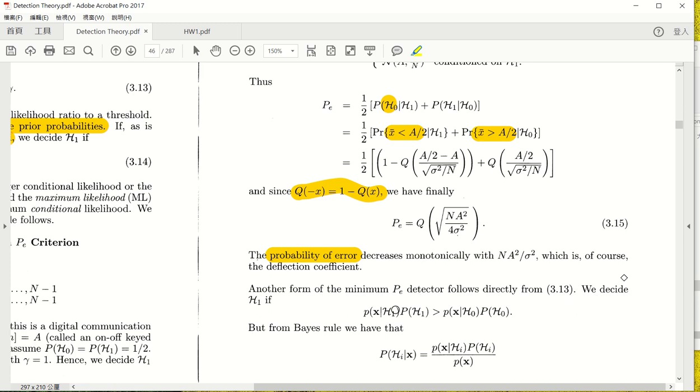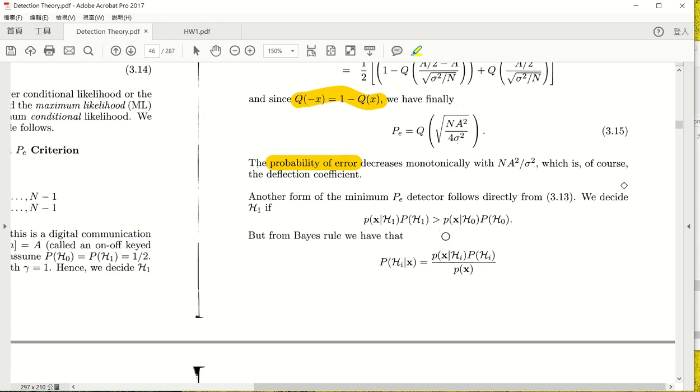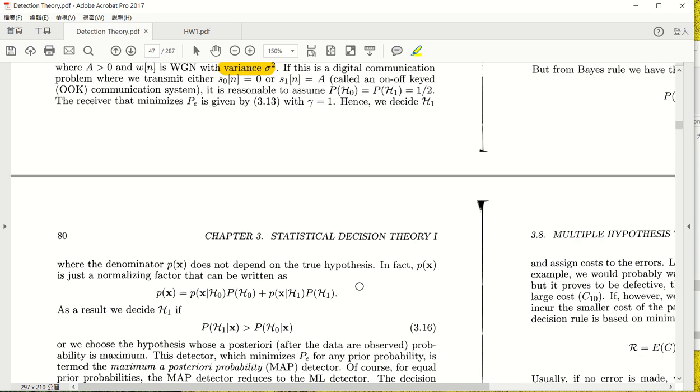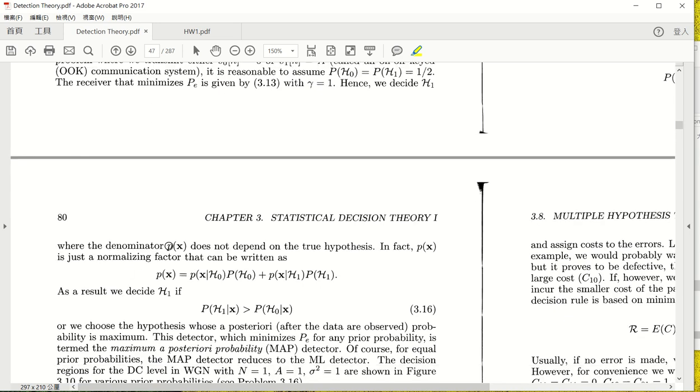Okay, then another form of PE follows from 3.13. Then we decide H1 if it's this. But from Bayes' rule, we have something like that, right? This is just a pure Bayes rule. It doesn't make any important changes. You get P of this equal to this. Then the denominator does not depend on the true hypothesis, and it becomes a normalization factor that can be written as something like that.